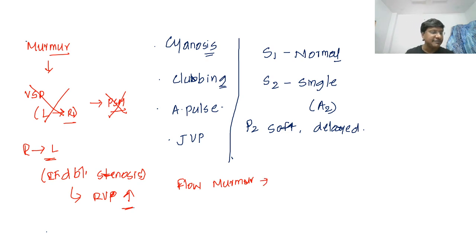Now, why do they have that particular flow murmur? That is because of infundibular stenosis. And what are these flow murmurs? They are systolic murmurs. Is that clear? And where do you hear this?